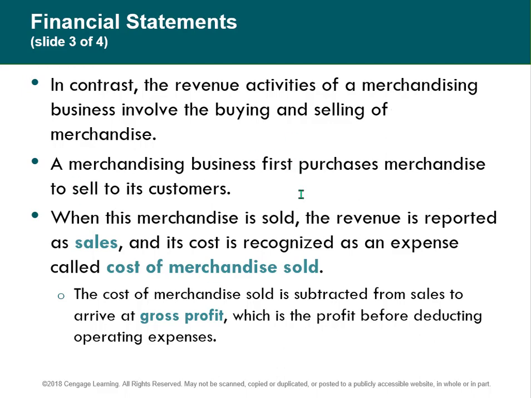A merchandising business first purchases its merchandise to sell, and when they sell it, that's reported as sales. The cost is the cost of merchandise sold. And the difference between the sales and the cost is gross profit. That's the profit before deducting operating expenses. And this is a standard format for a financial statement for a merchandising company.